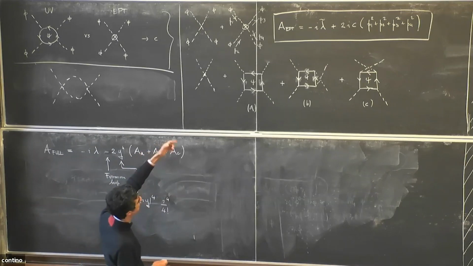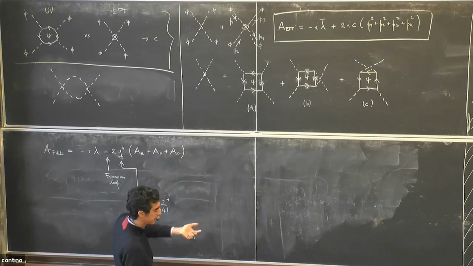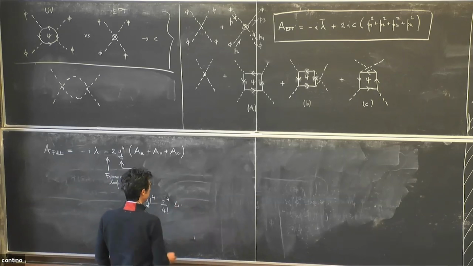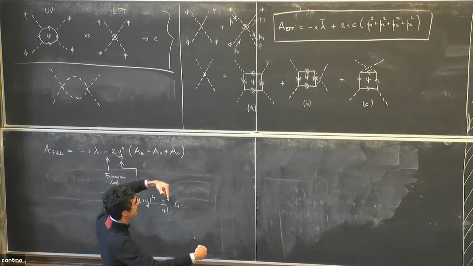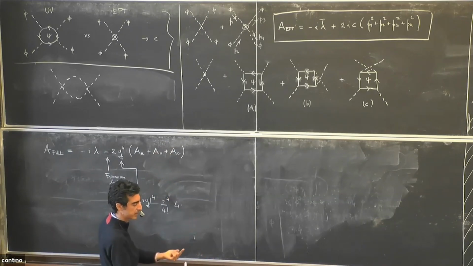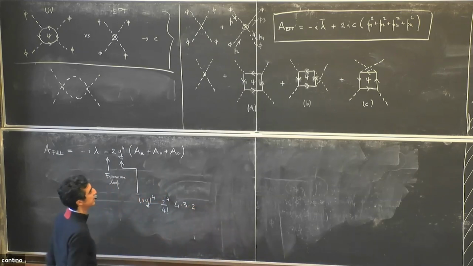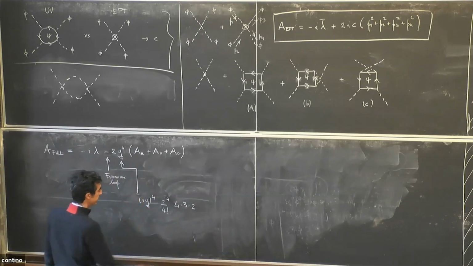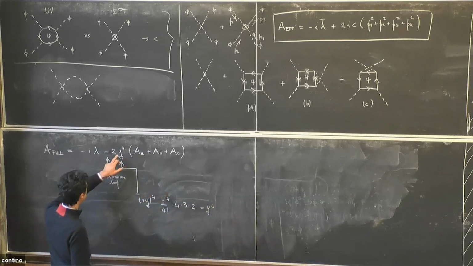So for example, if you want to attach the first external leg to the vertices, you have 4 possibilities. And once you have attached the first leg, then you try to attach the second leg. At this point, there are 3 vertices at your disposal. The third leg has again 2 possibilities, and then there is only 1 possibility for the fourth leg. So eventually, this is just the y to the fourth, which I put here.